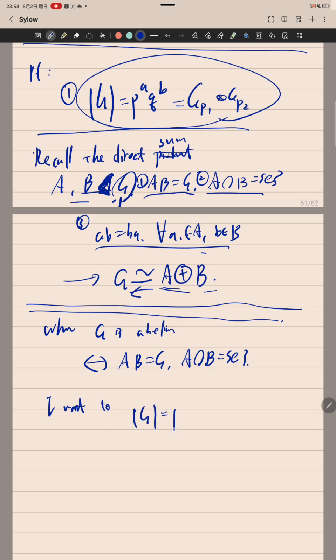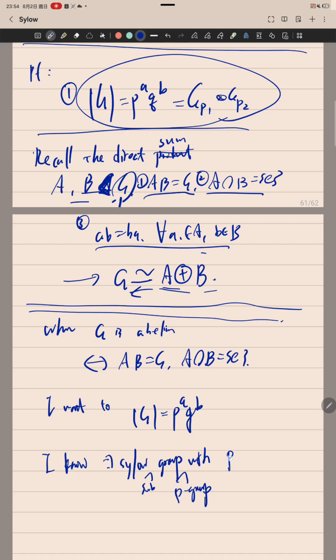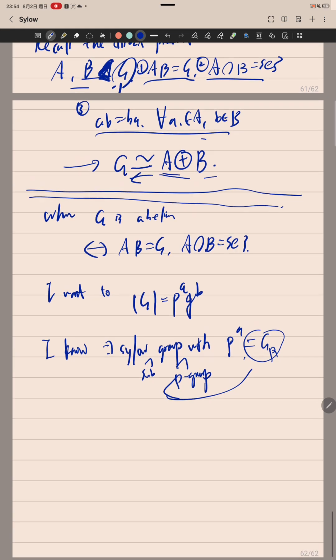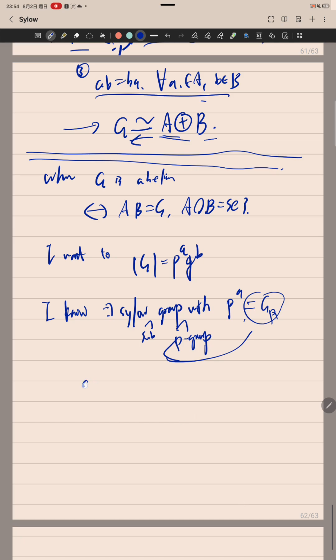Okay, so when G is P to the A, Q to the B, then I can use Sylow's theorem, right? So I know that there is a Sylow P subgroup, and the order is P to the A. Let's say I call this GP1, which is a Sylow P group, and another subgroup of order Q to the B, which I call GP2.